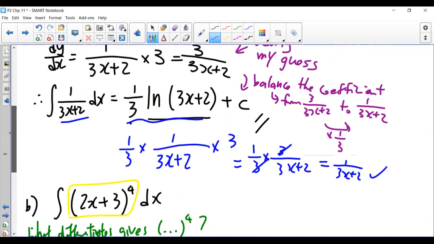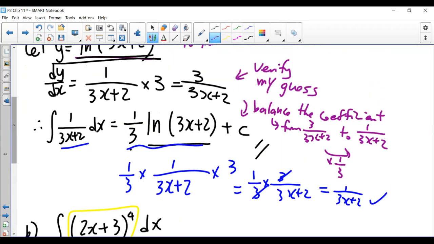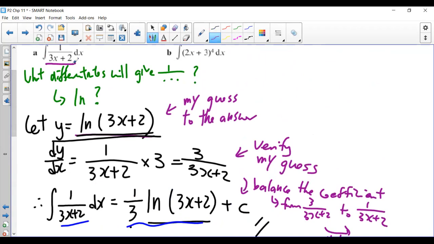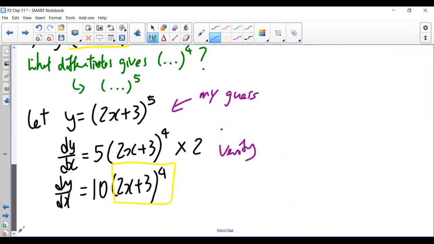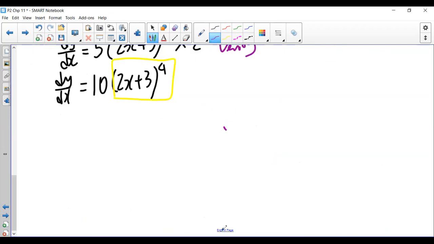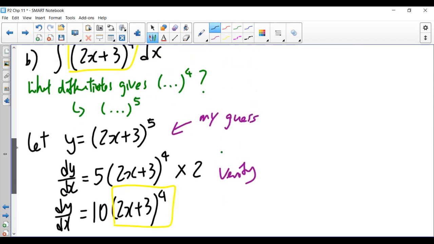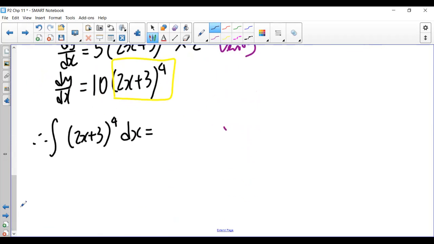And the next step, if you look at the previous step, after differentiating, I realize my answer is not far off from the question. I need to balance the coefficient. So therefore, the integral of 2x plus 3 to the power 4, I'm going to rewrite the question, equals, the question in the front has no 10. Therefore, it'll be 1/10 of my guessed answer.